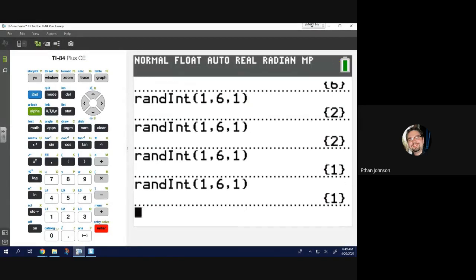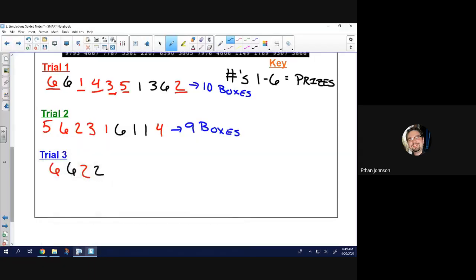A 1, a 1, 5, 1. So 1 is new. Next one was not. The 5 was new. And then we got a 1 again. Looks like we're missing a 3 and a 4.